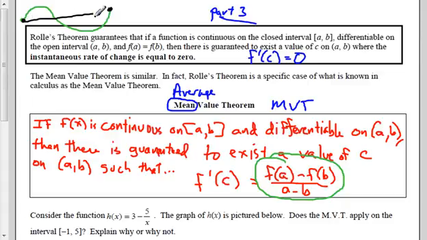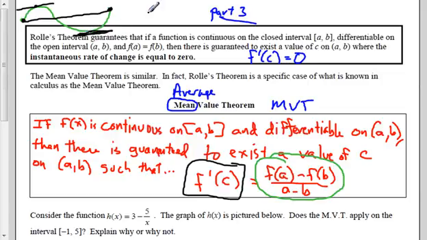We're trying to say that the slope of this secant line is going to have some value. This slope might be exactly equal to the slope of the tangent line here. Now again, in my example, there might be a couple different places where the tangent line can equal that slope of that secant line.